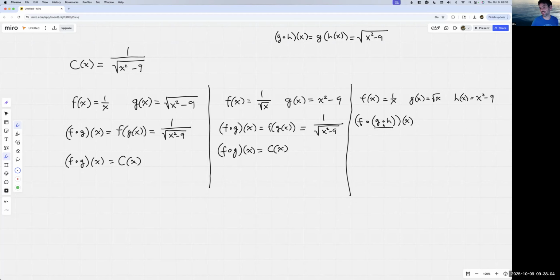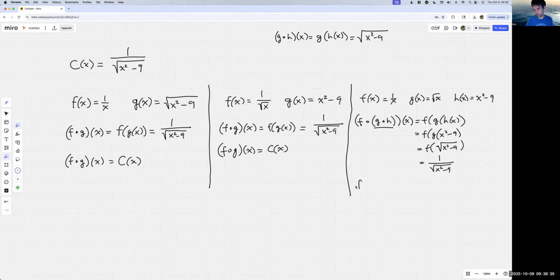So once we've composed the g and the h, we're actually back in our first situation. We're composing the reciprocal function with the square root function. Another way to write this is f of g of h of x, right? Or f of g of x squared minus 9, or f of the square root of x squared minus 9, or 1 over the square root of x squared minus 9.